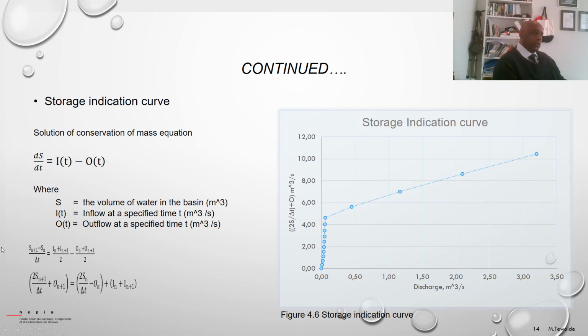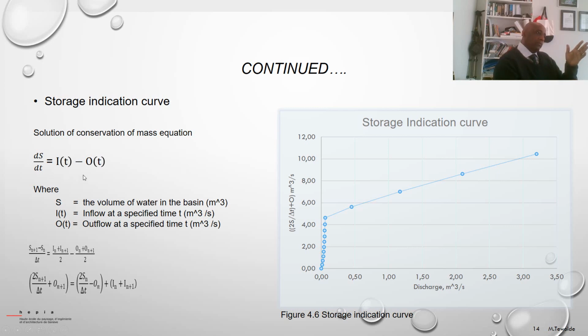The third curve we are going to develop is the storage indication curve. Now this is very important. The storage indication curve is very important, and we relate this discharge that we have with this formula.